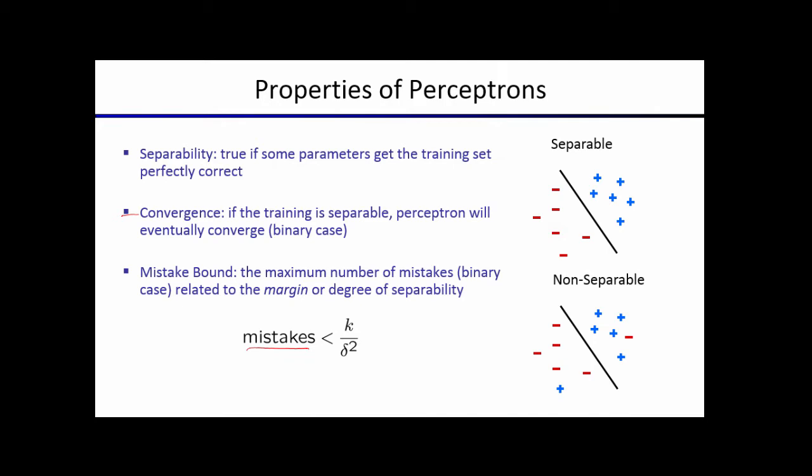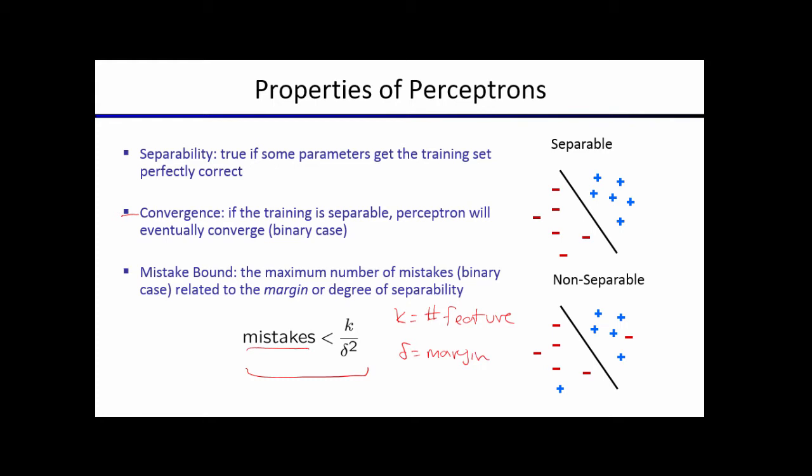What this says, you don't need to know how to derive this, but K in this case is the number of features that you have, the dimensionality of your feature space. The more features you have, the longer it might take, and the more mistakes you'll make. And then delta is your margin.